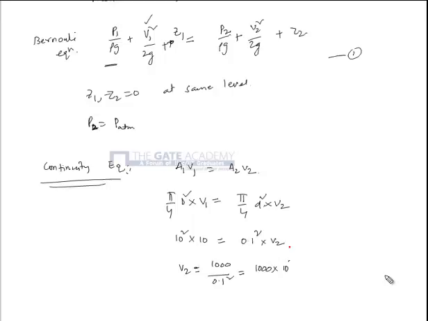Let me just substitute the values. Diameter capital D is 10, V1 is 10 mm per second, so this comes to 1000 by small d square. Oh, I made a small mistake.